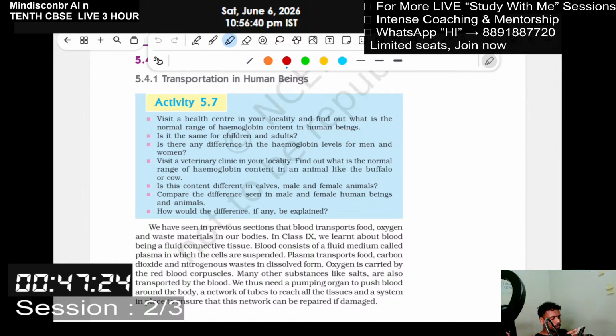Before going to that transportation, we can do some of the questions that are given in the NCERT. Answer the questions.